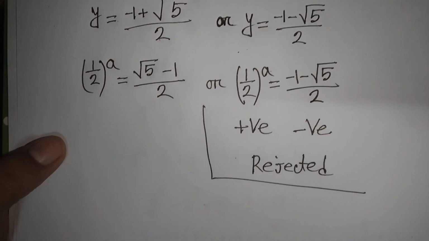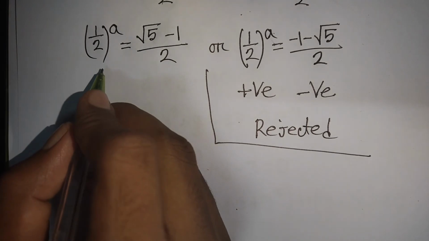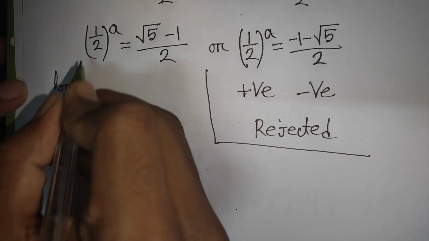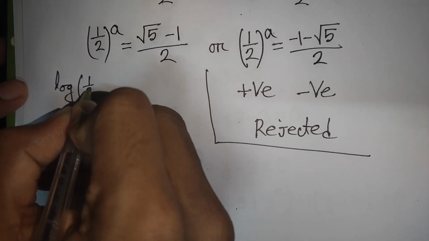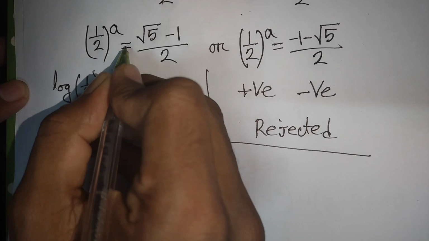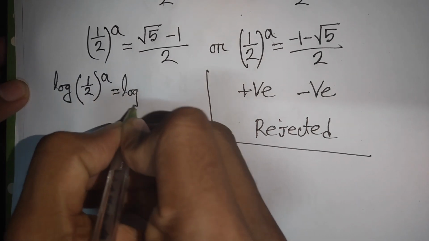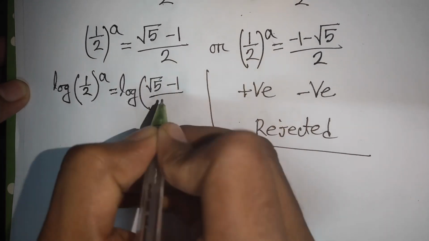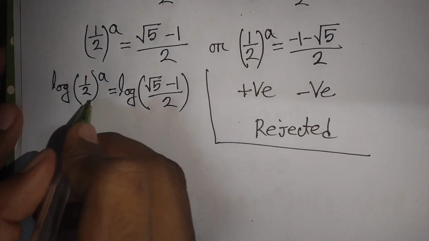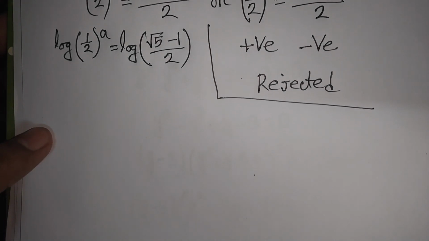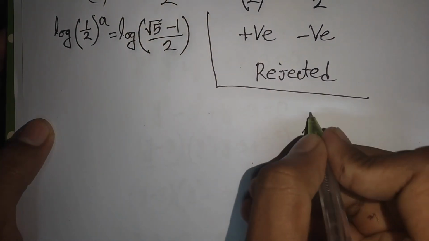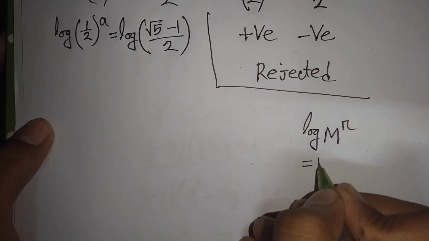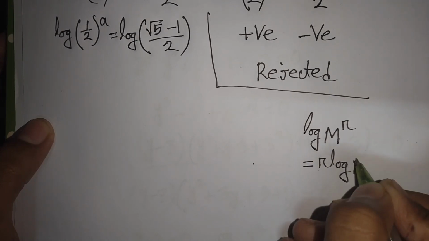Now from here we apply log on both sides, so you can write log of 1 by 2 bracket power a is equal to log of a square root of 5 minus 1 divided by 2. Now here we can apply the rule that log m power r is equal to r log m.